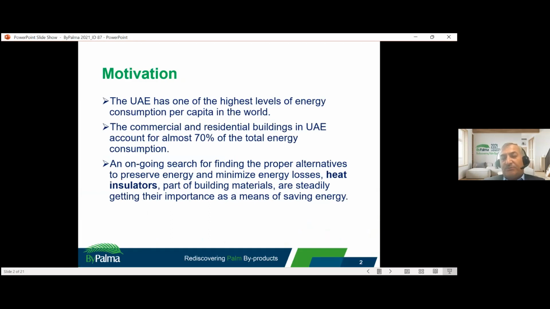Most of this energy consumption is in buildings, especially in the UAE. The UAE is one of the highest energy consumers in the world, at least per capita. Therefore, we need to find some means to reduce this energy consumption. One of the main methods that we use is thermal insulators, in a wide range of buildings, everywhere it is applicable.